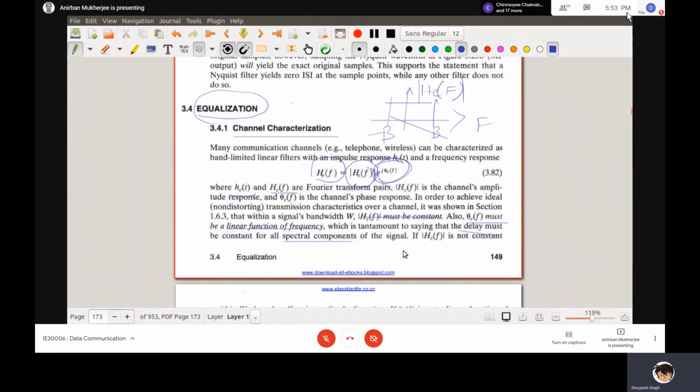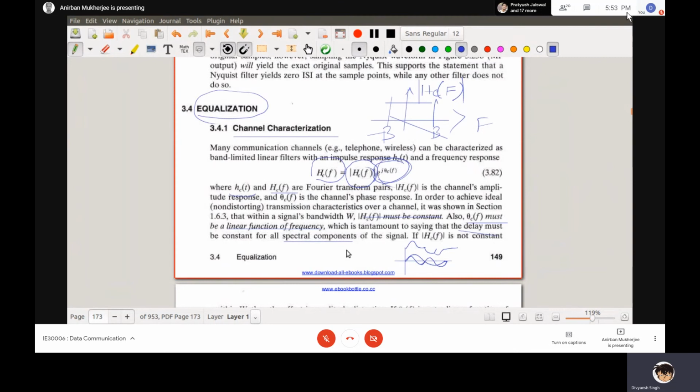Let's say I have two components, 1 hertz and another whose amplitude is a little less. If I just add them up, it looks something like this.